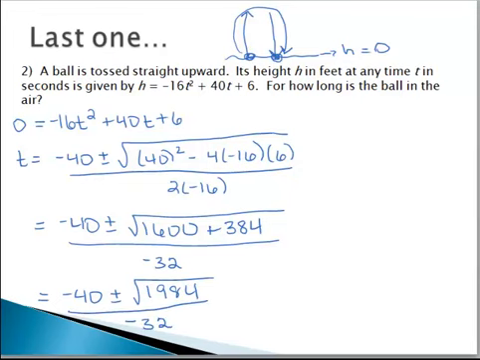So let's get a decimal for that. The square root of 1,984 is equal to approximately 44.5.